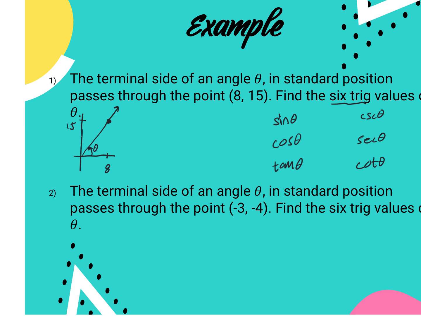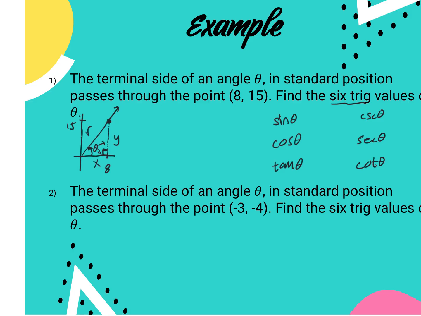All right. And we can find these 6 trig values by making a little right triangle. All right. So if I were to draw this little point connecting to the x-axis, we get this little right angle. And then we have that the opposite is the y coordinate. The adjacent is the x, and the hypotenuse is r.